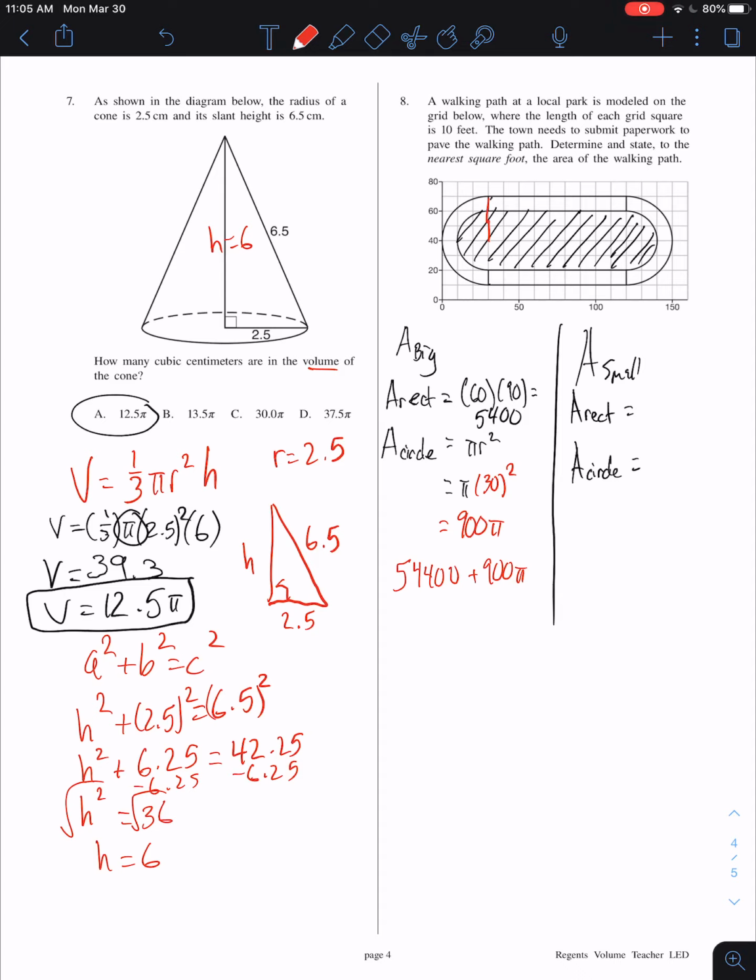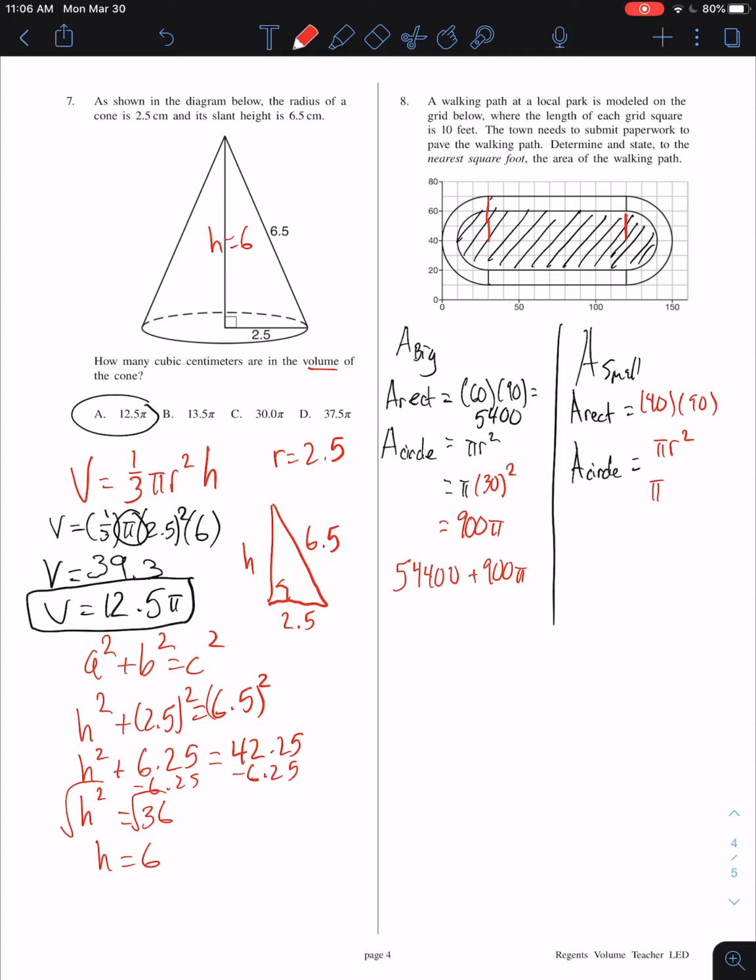Now we go for the area of the small. The small rectangle has the same length, meaning it's still 90 long. But the height is now not 60. The height is now 10, 20, 30, 40, only 40 tall. But the area of the circle, still using that pi r squared formula, the radius for the smaller circle here is only going to be 20.